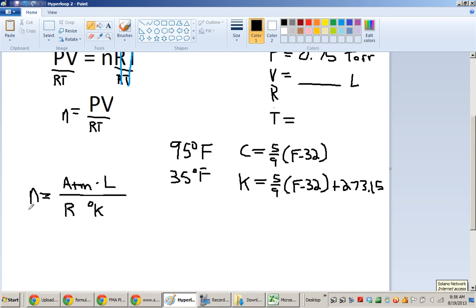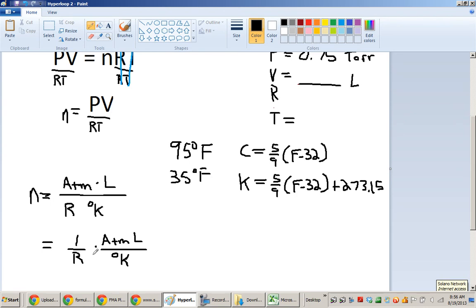I want n to be moles at the end, so I need to have 1 over R have the units that cancel all these units: atm, L, Kelvin. So I need to make this a capital K. It always comes out looking like it's lowercase.